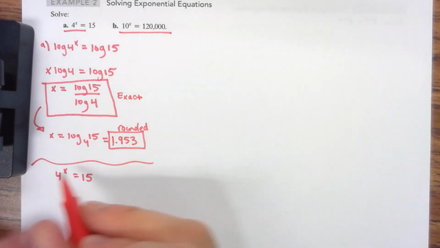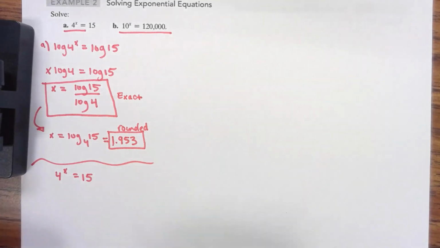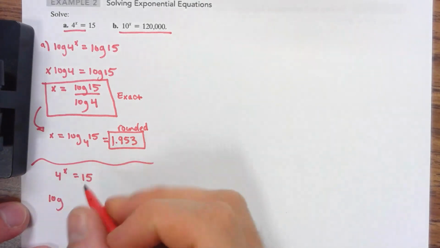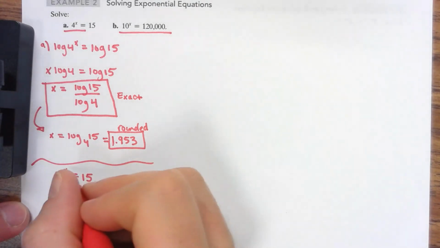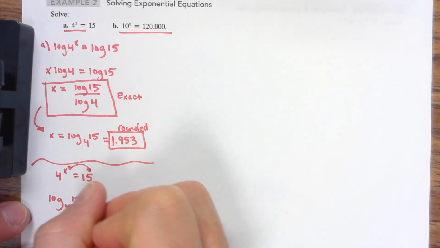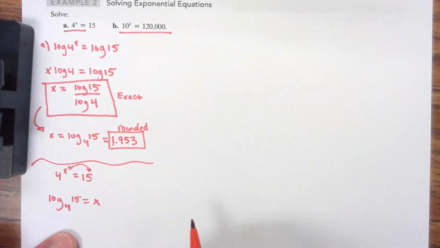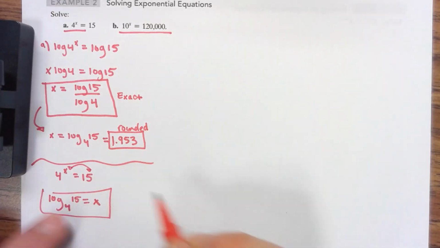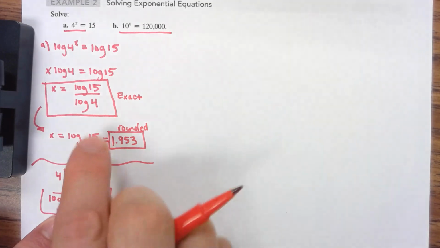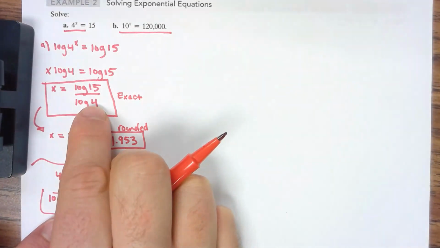And so remember how we took an exponential and wrote it in its log form: we started with log, we kept the base the same, so log base 4, and then we switched the location of the other two terms. So this is log base 4 of 15, which equals x. Well, look at that. That is the same answer as what I got here, and if we use the change of base formula, it'd be the same answer as what we got there.